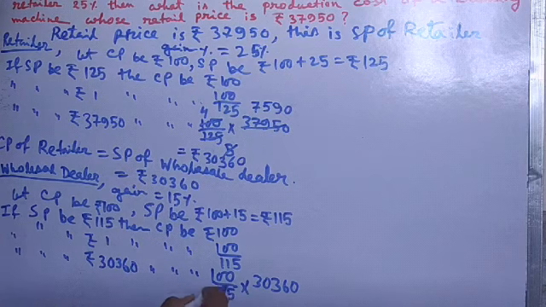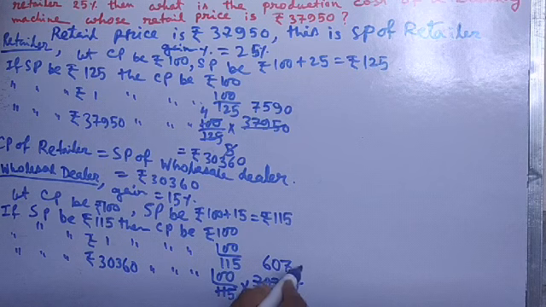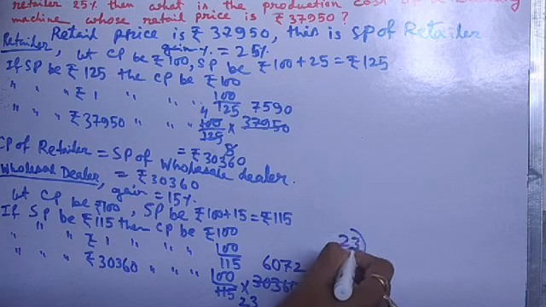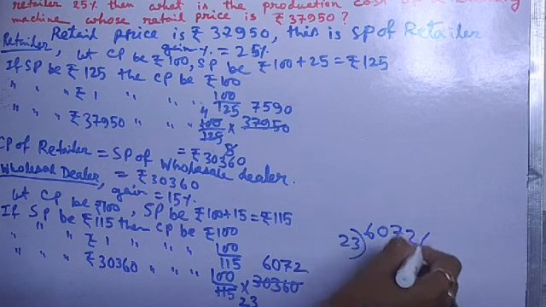Now we will cut it by 5. 5 2s are 10, 5 3s are 15, 5 6s are 30, then 0, 5 7s are 35, 5 2s are 10. Then by 23 it can be cut. We can show division here also. 6072.